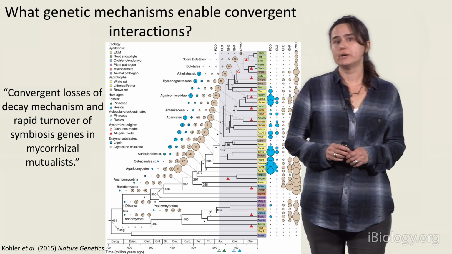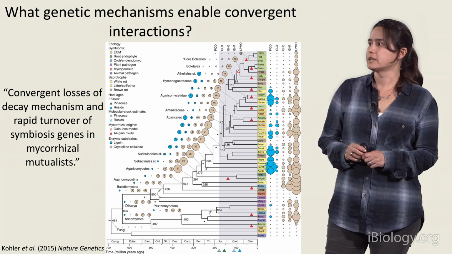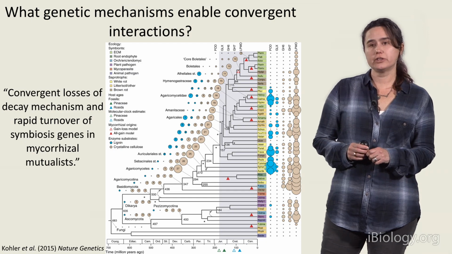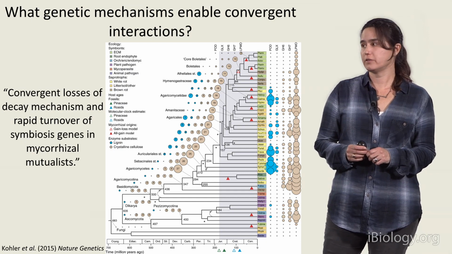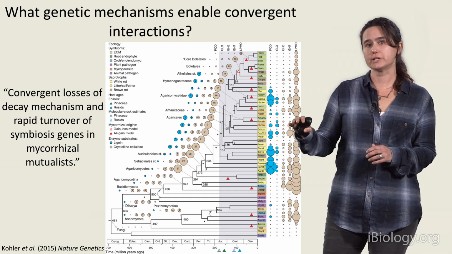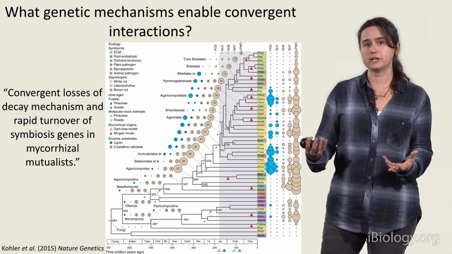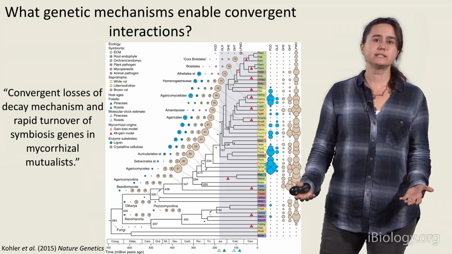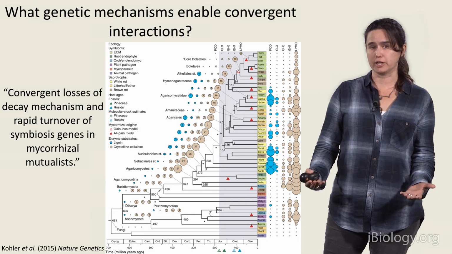What has been known now for a few years is that after the evolution of an ectomycorrhizal symbiosis, those ectomycorrhizal fungi lose the genes that would normally enable decomposition.